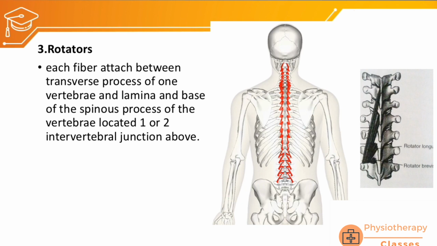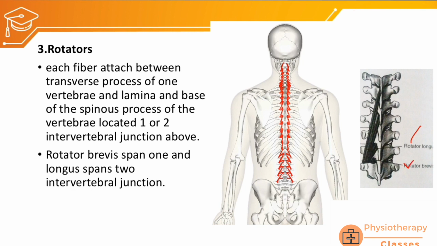So each fiber attaches between the transverse process of one vertebra and the lamina and base of the spinous process of the vertebra located one or two intervertebral junctions above. So there are two types of rotators, which are rotator longus and rotator brevis. Rotator brevis spans one and the longus spans two intervertebral junctions while attaching to the base of the spinous process.